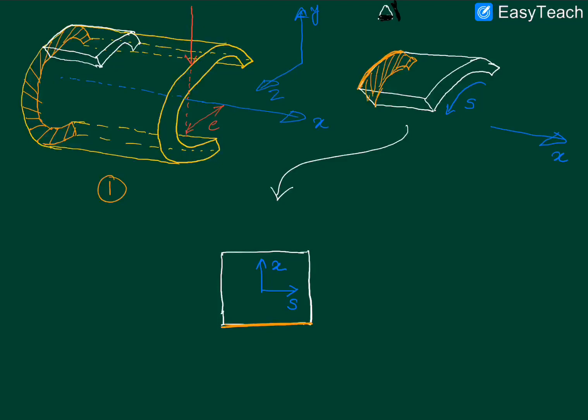So you understand that this will be sigma xx. These two vertical shear stress components will be related to the sigma sx.